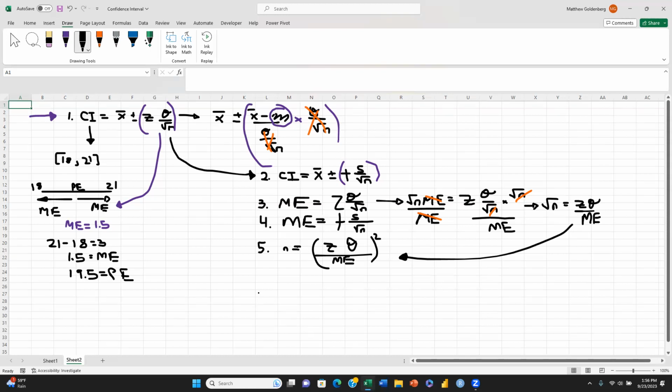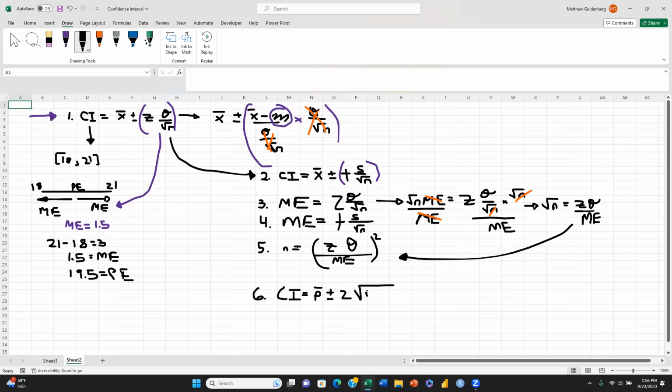What about if we have a proportion? Well, all you're going to do is replace certain values. So equation 6 becomes confidence interval is equal to P bar, which is just like, if you remember the binomial distribution, your probability of success, plus or minus your z-score times your standard error.